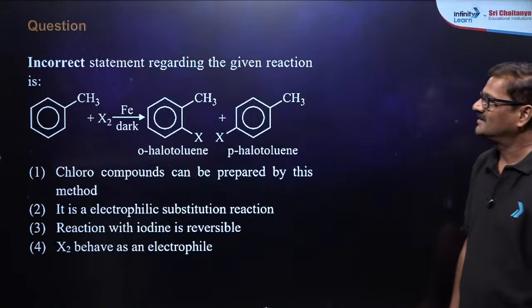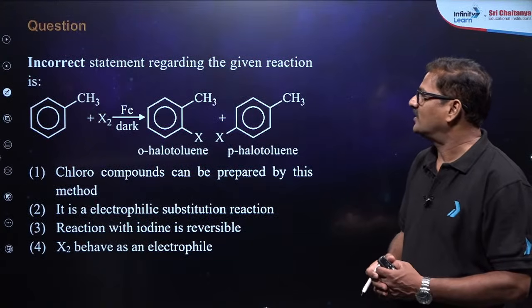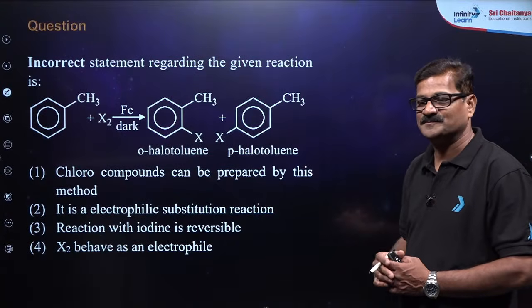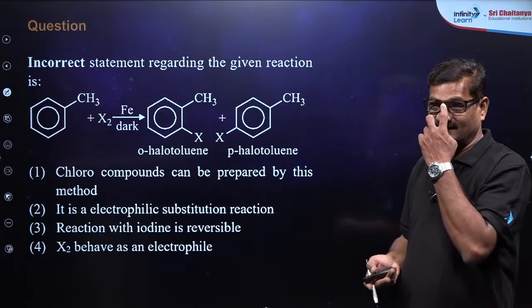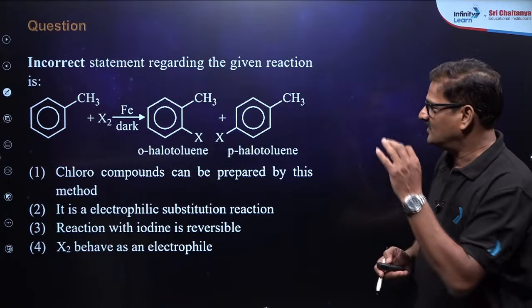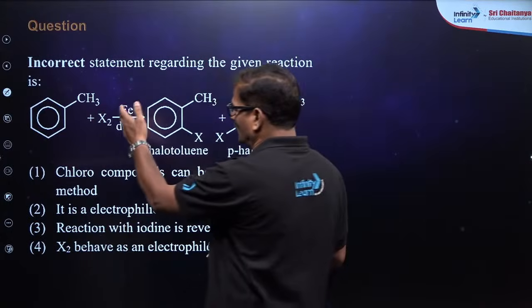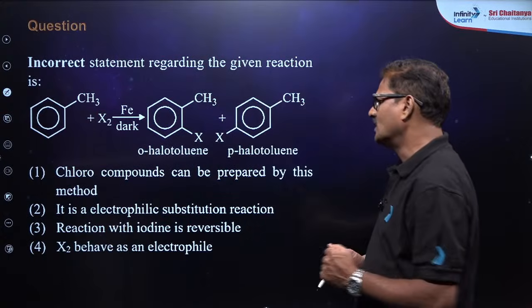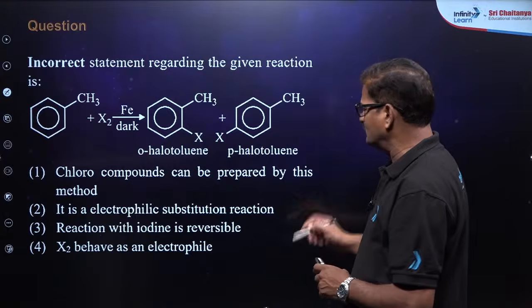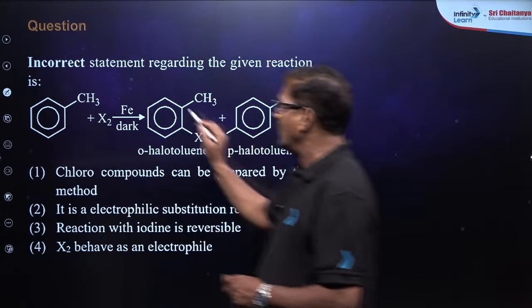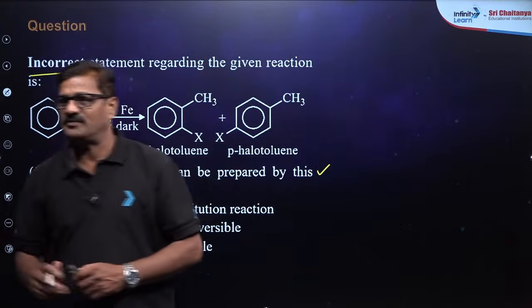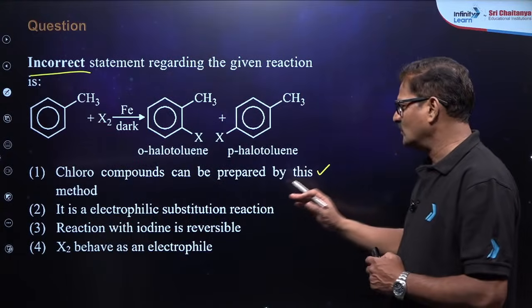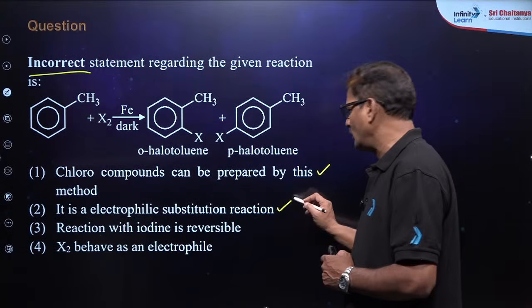One more: identify the incorrect statement regarding the given reaction. Reaction is given. You see, toluene treated with chlorine in the presence of dark gives orthochloro and parachloro. Chloro compounds can be prepared by this method. Correct statement. You have to identify the incorrect statement. Fine. It is an electrophilic substitution reaction, of course.